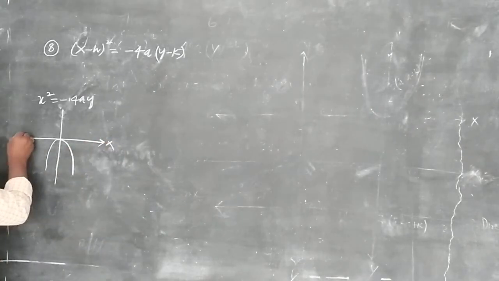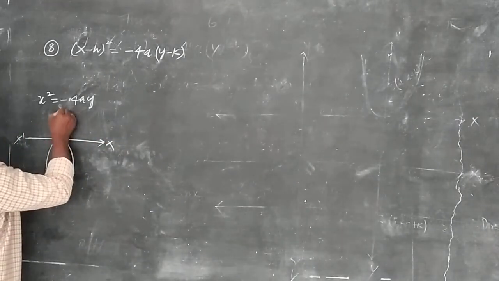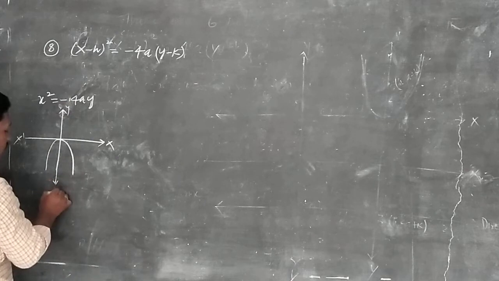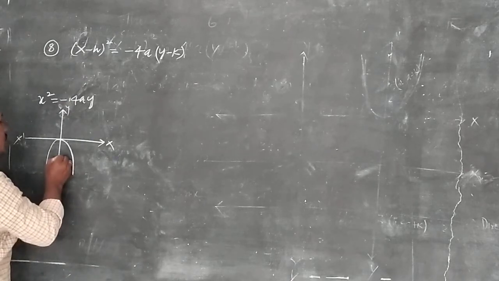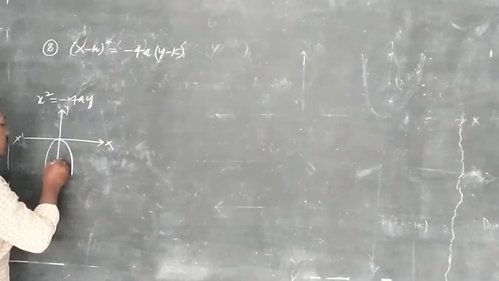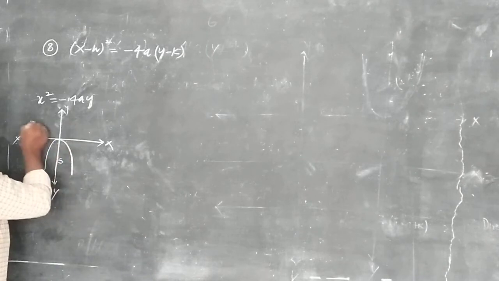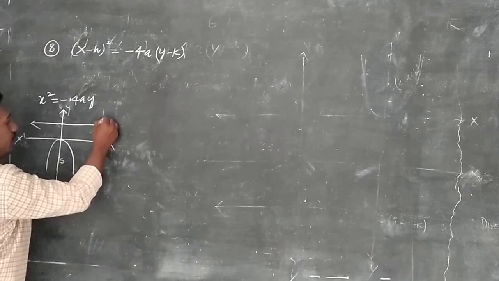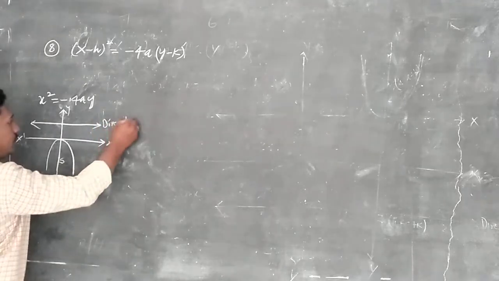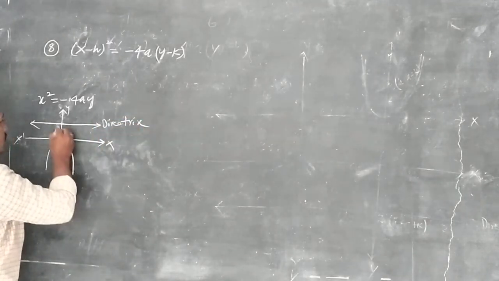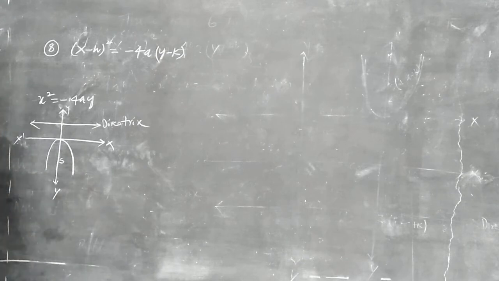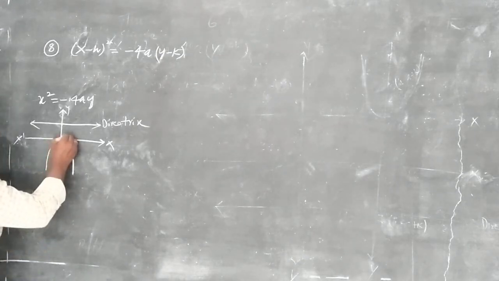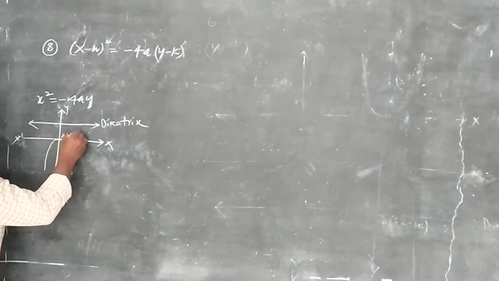X, Y, Y dash. This is the focus. This is the directrix. This is the origin, (0, 0).